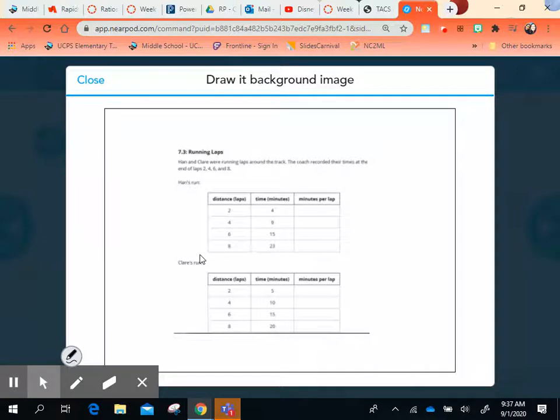Okay, let's look at this one. It says, Han and Claire were running laps around the track. The coach recorded their times at the end of laps 2, 4, 6, and 8.